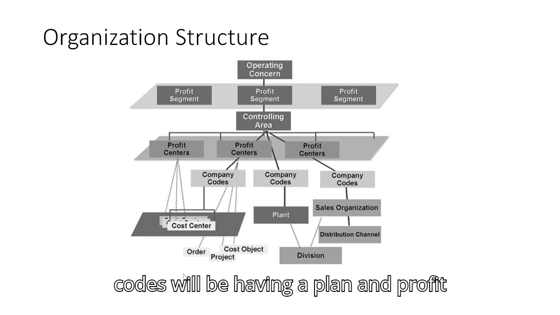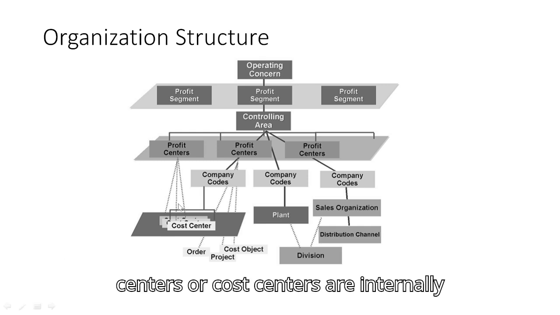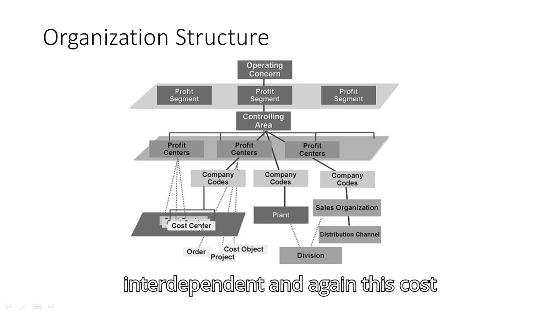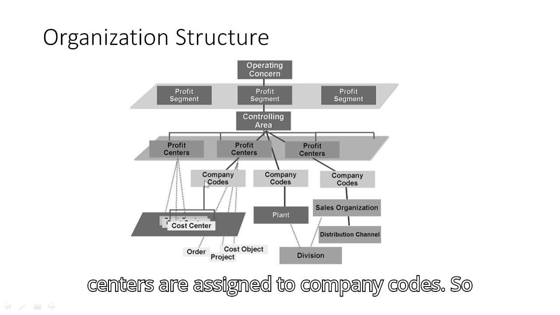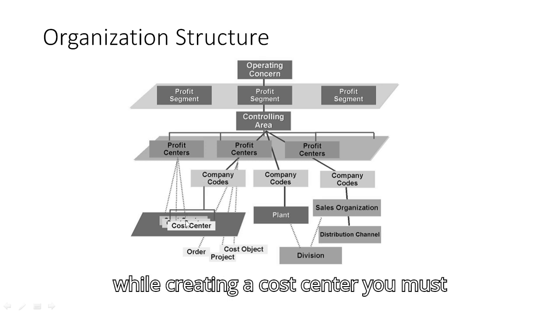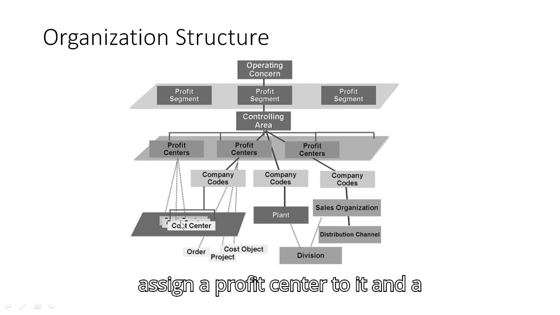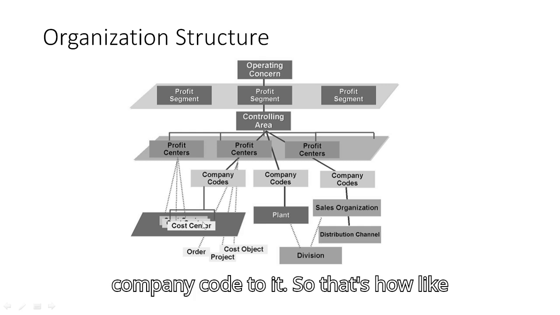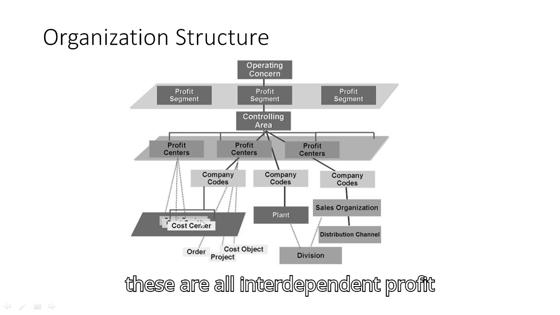Under the company codes, we'll be having a plant, and profit centers or cost centers are internally interdependent. And again, these cost centers are assigned to company codes. So while creating a cost center, you must assign a profit center to it and a company code to it. So that's how these are all interdependent.